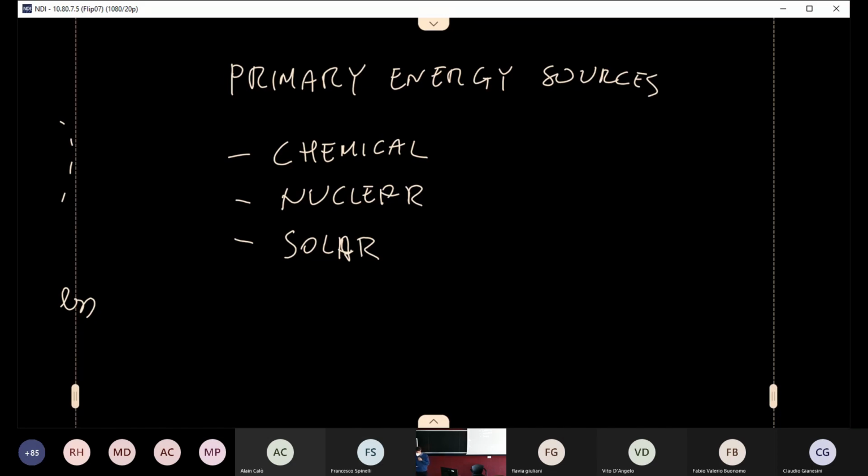I mean, secondary because it's an energy carrier. We have to have a primary energy on board to generate electricity that cannot be stored as such. If we have a battery, it means that we have chemical storage of energy that can be released in terms of electricity. Or we have solar panels that allow us to get electricity, or we have nuclear power sources that allow us to get electric energy.